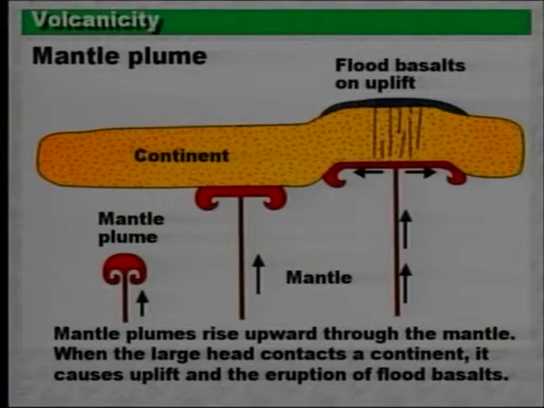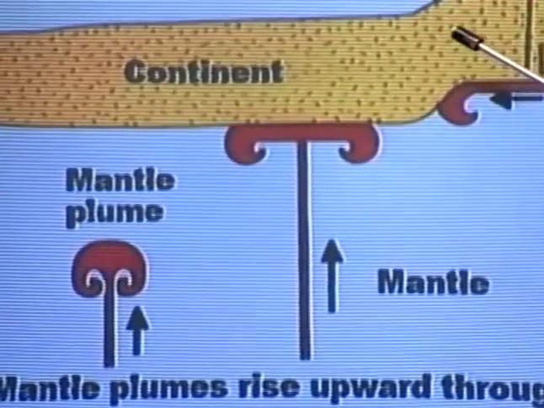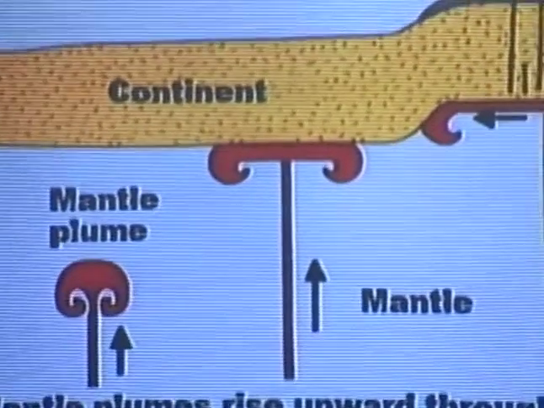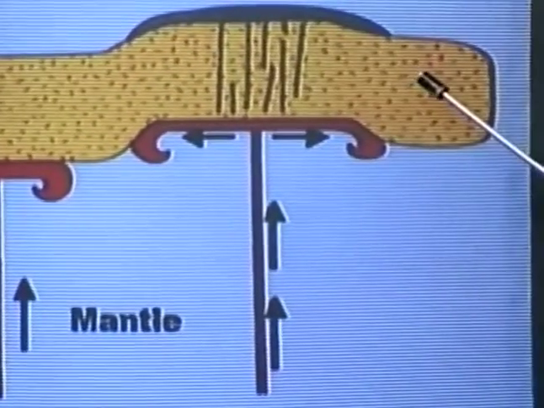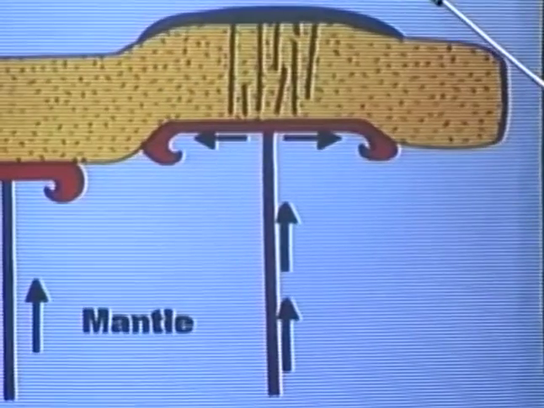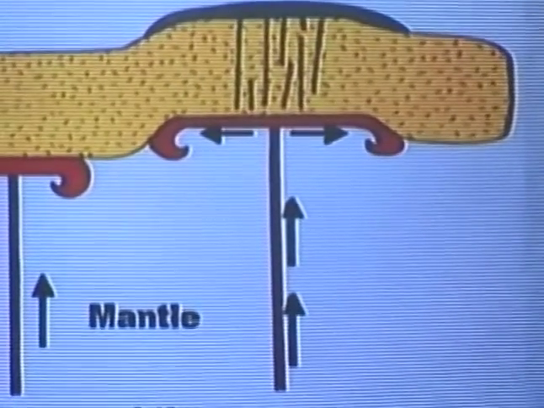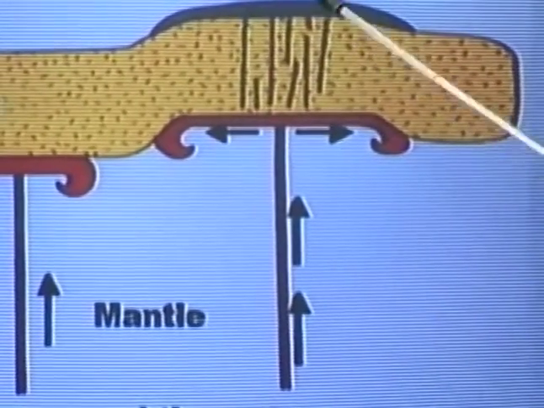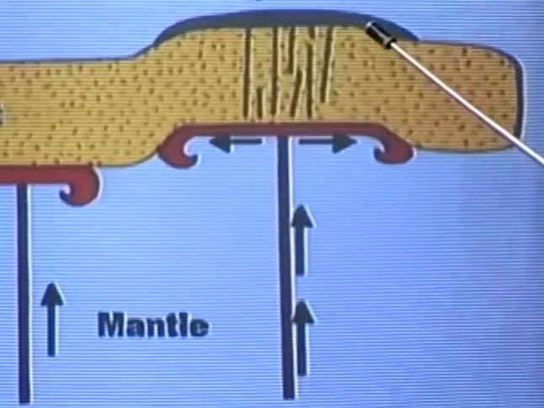The diagram here shows the mantle plume, which rises upward through the mantle. When the large head contacts a continent, it causes uplift, as in this case here, resulting in a dome being created and the eruption of flood basalt out on the surface.